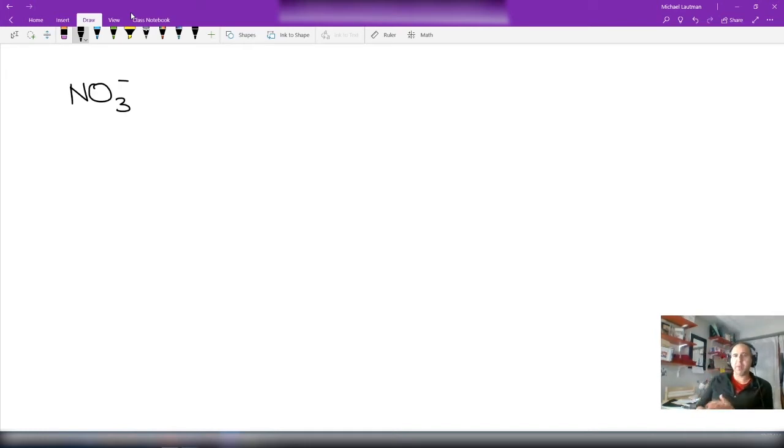I want you to try and come up with Lewis diagrams for NO3-, the nitrate ion. All right, so take a minute and see if you can figure that out.